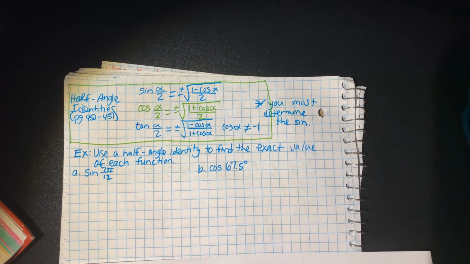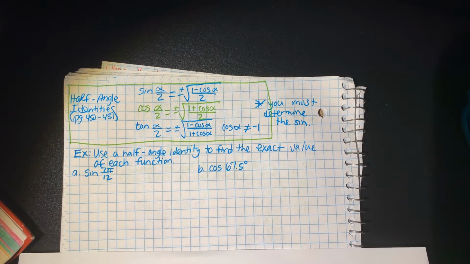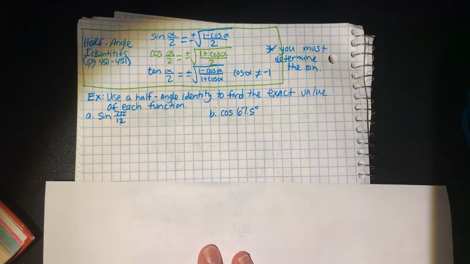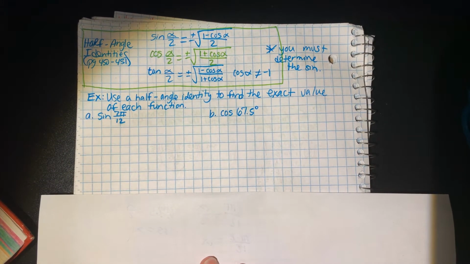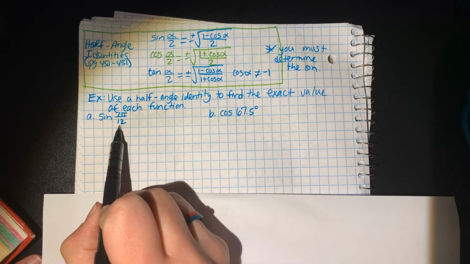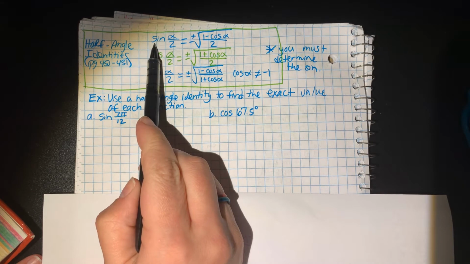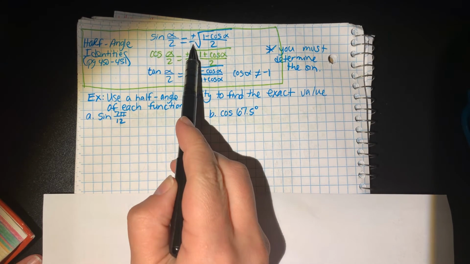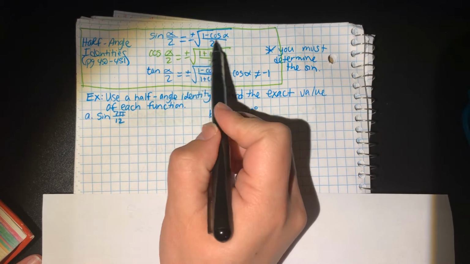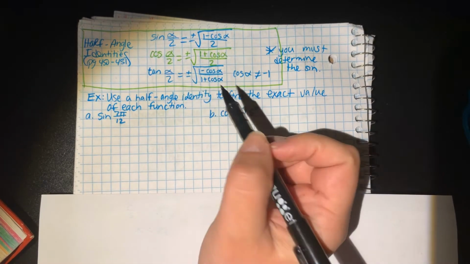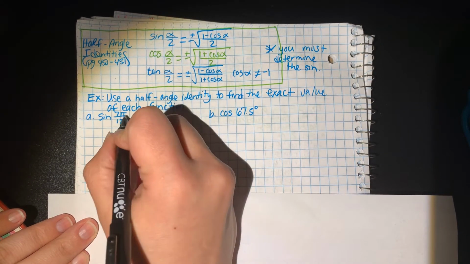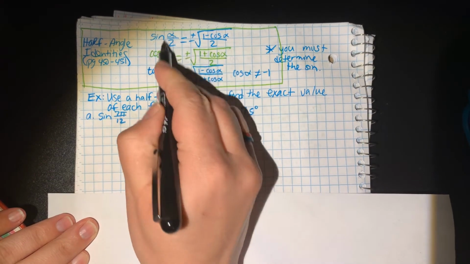Okay, so use a half angle identity to find the exact value of each function. This is sine of 7 pi over 12. Well, we're going to want to use our sine. The first thing we are going to do, in order to figure out what this alpha is, is say this place is in the same part as this place.